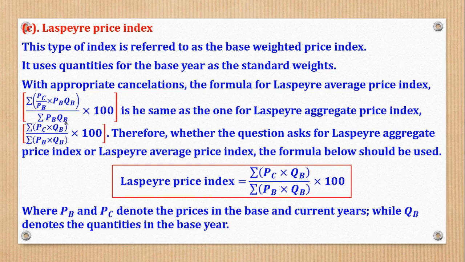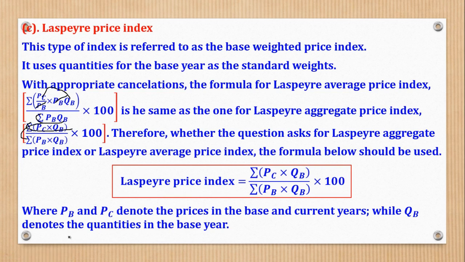How is it possible? You realize that this PB and this PB can cancel and remain with PC times QB in the numerator, which is also the same as the numerator for Laspeyres aggregate. Then the denominator is the same as the one for Laspeyres aggregate. That is why we say that they are the same.